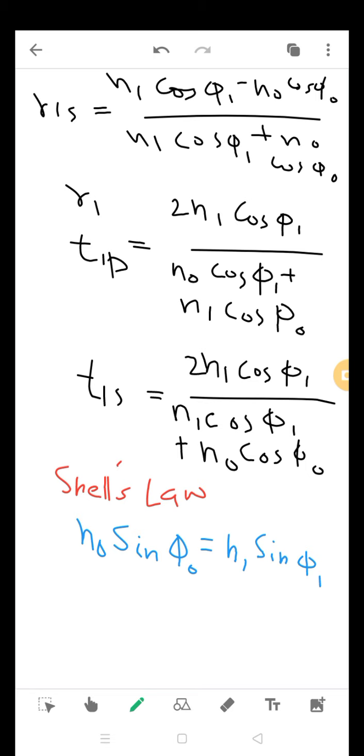Now for normal incidence, these equations are simplified, and the difference between the planes of polarization, whether perpendicular to the plane or parallel to the plane, no longer exists.